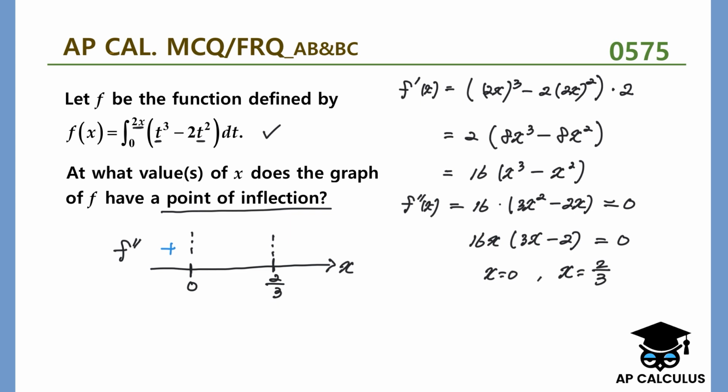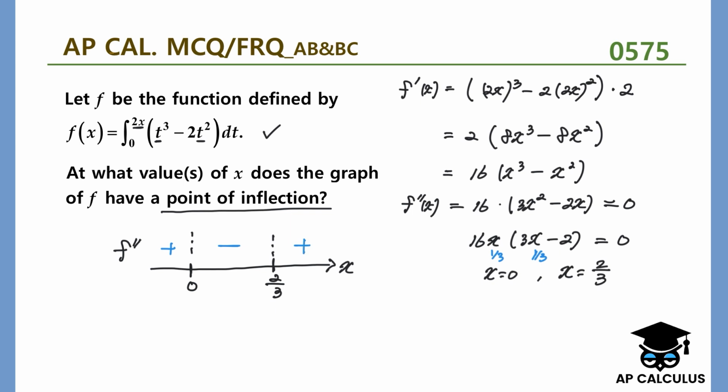So erase this, substitute 1 over 3. Then that's going to be positive times negative, right? So that's going to be equal to negative on this interval. If we substitute maybe 1, then that's going to be 16 times 1, positive, 3 minus 2, positive. So that's going to be positive, right?